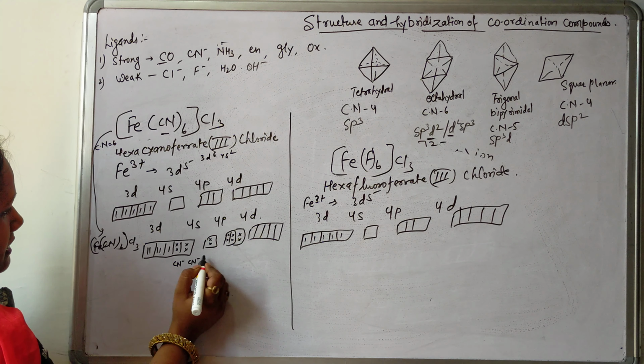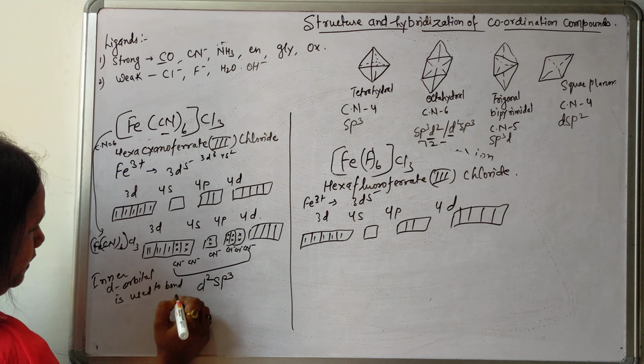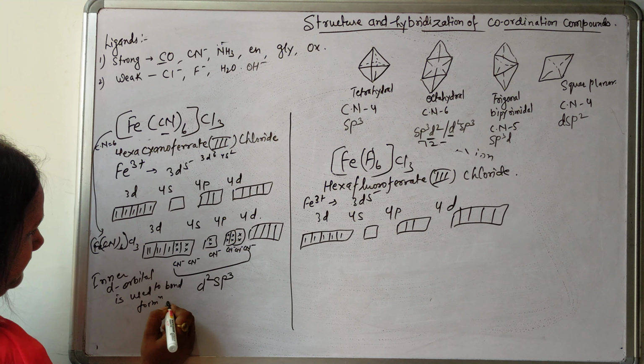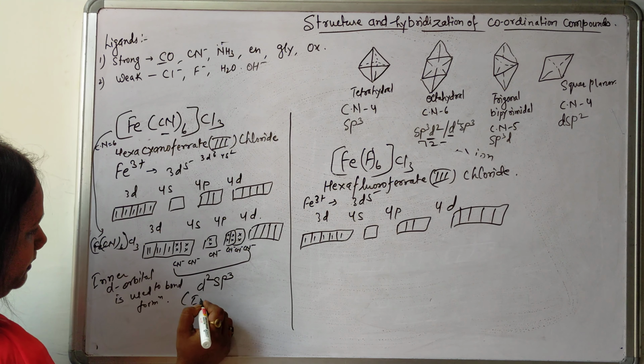Inner d orbital is used for bond formation. So it is an inner orbital complex. Understood?